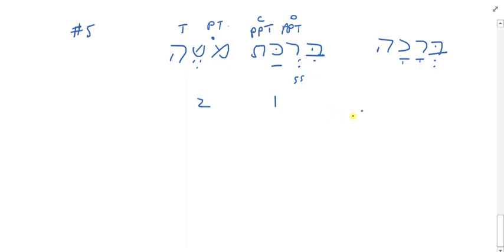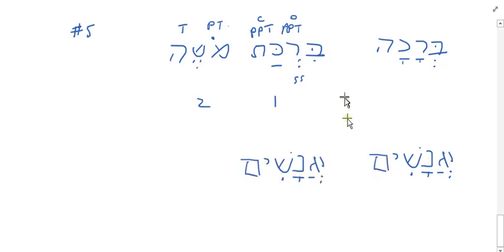Okay, let's take a look at anashim real quickly. What does anashim mean? It means men. Very good. Anashim is men. So in the absolute, the word for men is anashim. That's tonic, pretonic, and open. If I want to put it in the construct chain and make it a construct noun, does the ending have to change here?